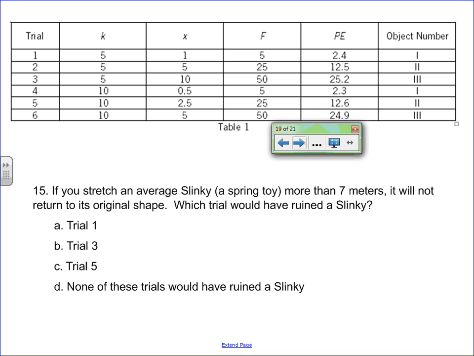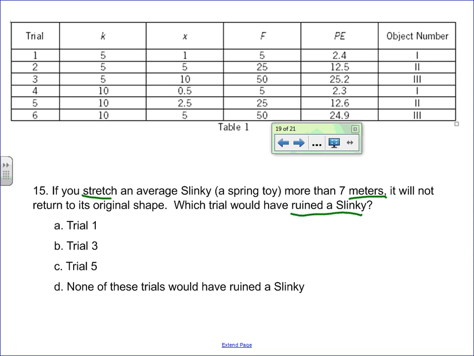What are we looking for in this question? How do you get displacement? It is displacement. Nice. Meters is a great trigger right there that should tell you this is what we're looking for. We're looking for meters. And also, we're looking for the stretch. Not stretchiness, but how far it's stretched, which is the difference between K and X. Now we're looking for one that would have ruined the Slinky.